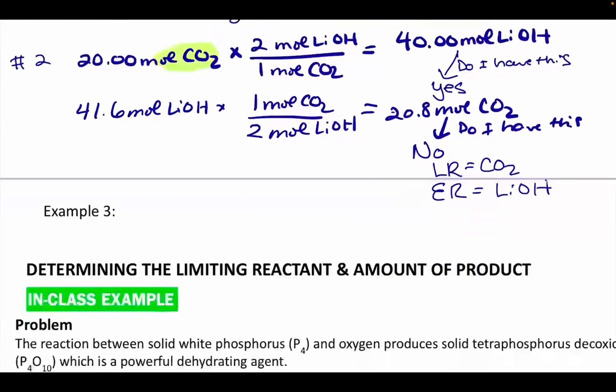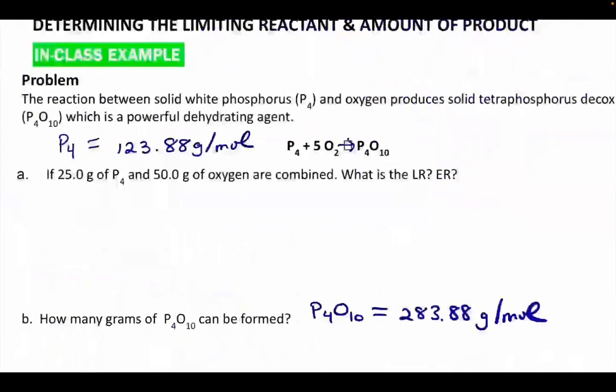So let's do a couple more. So here we have another reaction. The yield arrow didn't work very well. And in this case, both of the reactant amounts are in grams. So we would want to convert them to mole first.